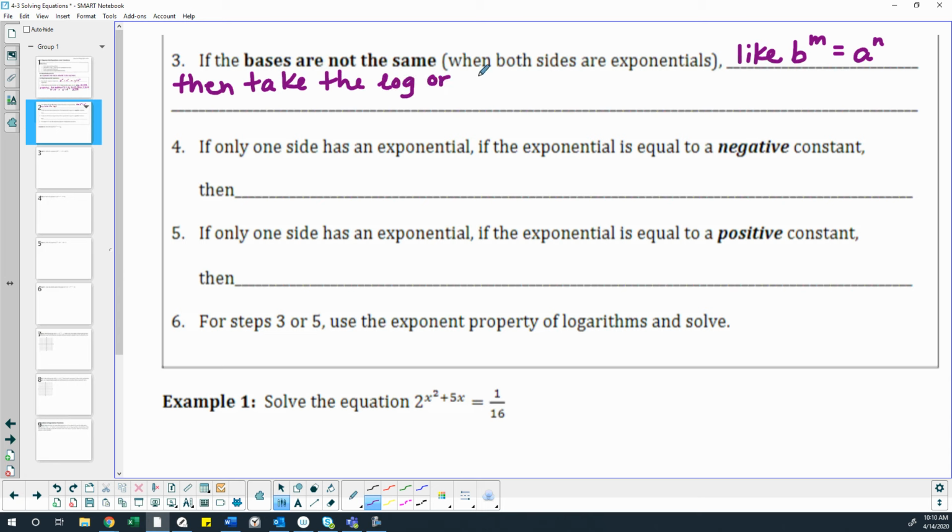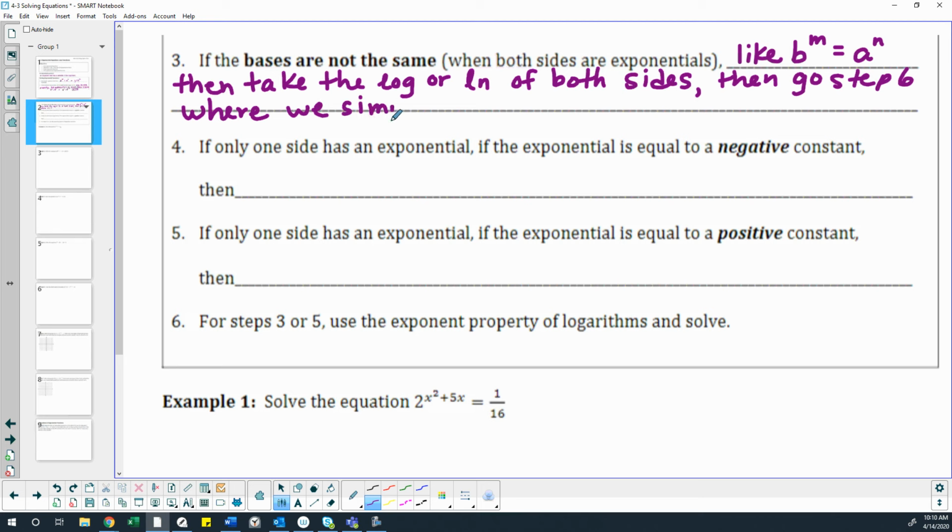We usually want to use base 10 or base e. Then after we take the log of each side, we'll go to step 6, where we simplify and solve.